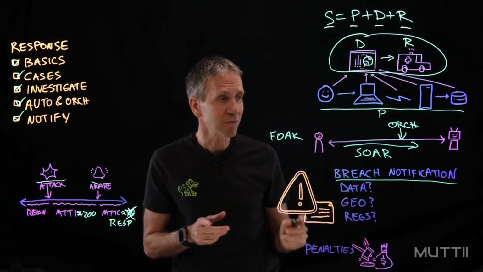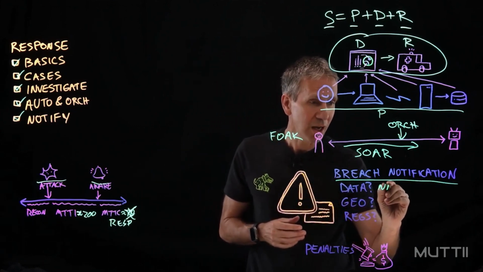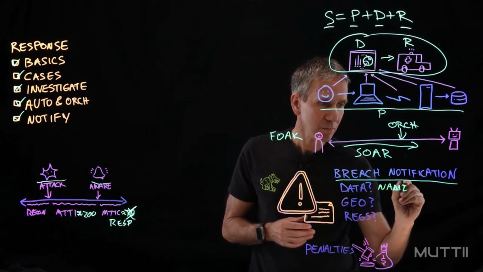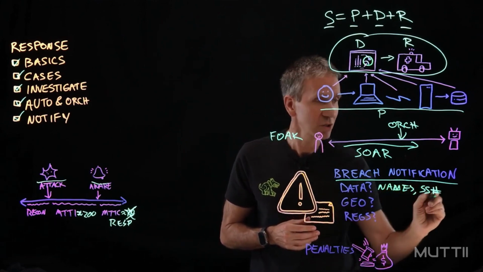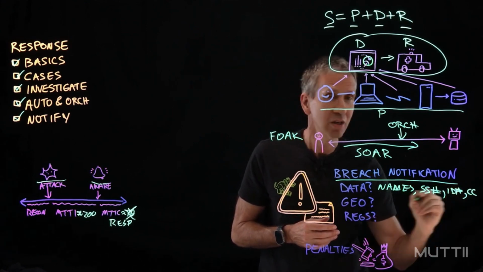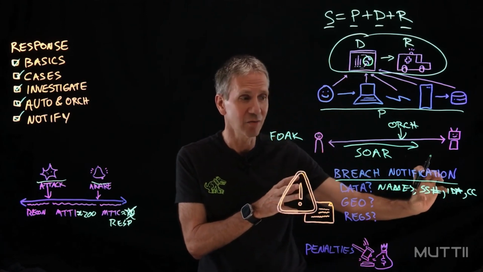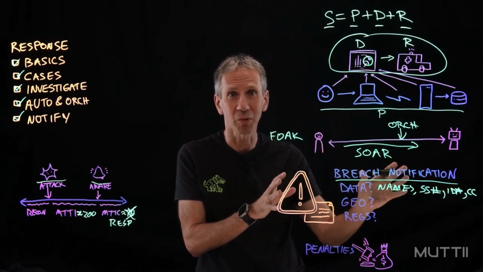One of the first things we have to ask is, what kind of data was involved? Well, maybe there were names. There might be social security numbers if you're in the US, other types of ID numbers, credit card numbers, and things of that sort. That's the kind of information. So that's the data. I need to know what kind of data was compromised.